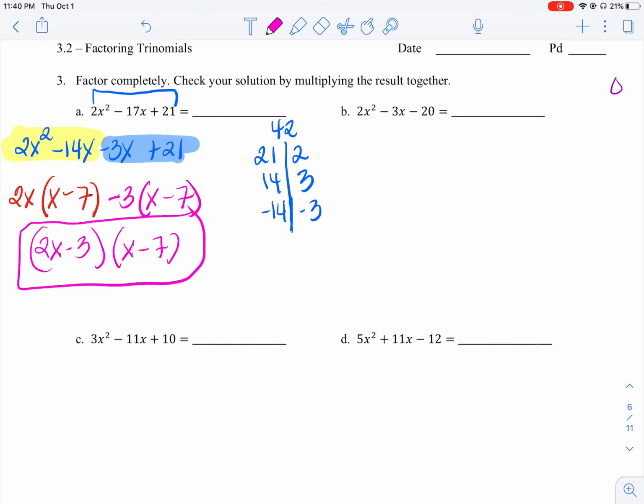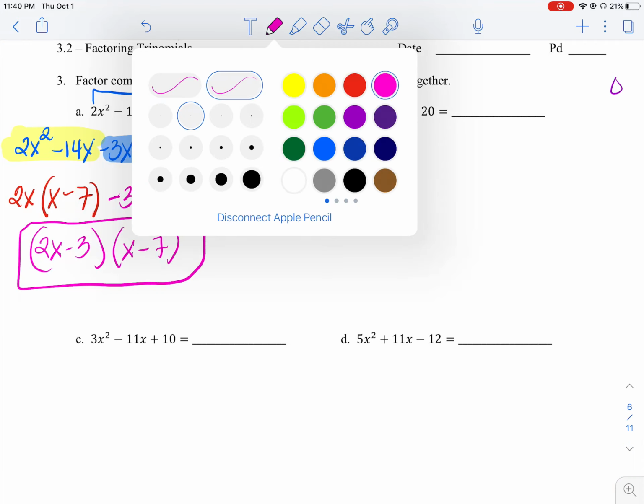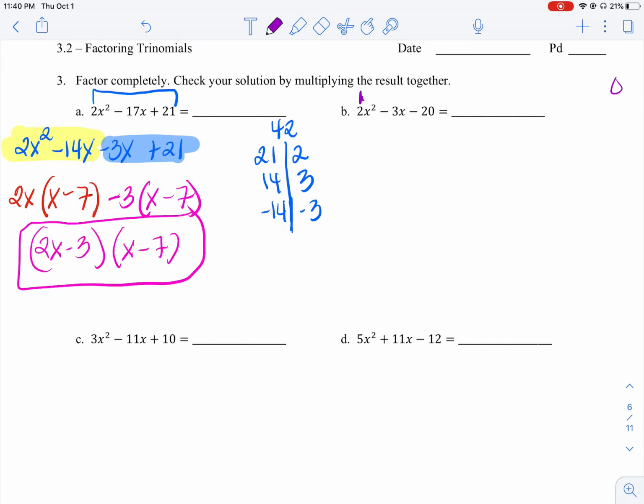Number 2. We have, is there anything in common? 2, 3, and 20. No. So let's proceed to A times C. That is negative 20. What's negative 20, by the way? That is 10 and 2.